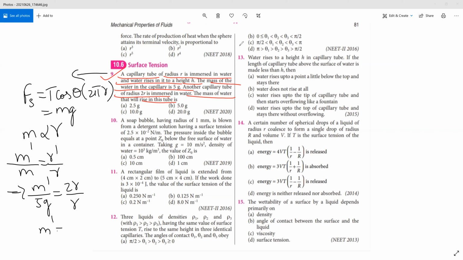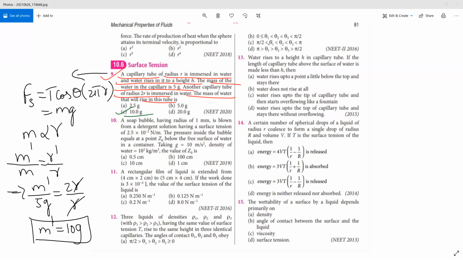Here r and r get cancelled. If you make the cross multiplication, we get m dash is equal to 10 grams. So therefore, for the 9th one, the third option is the right answer.